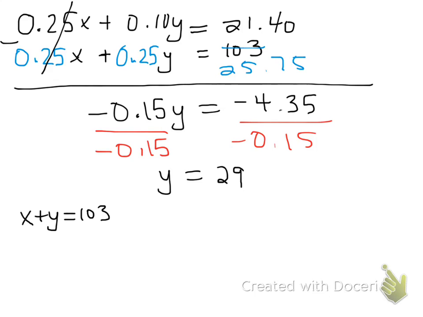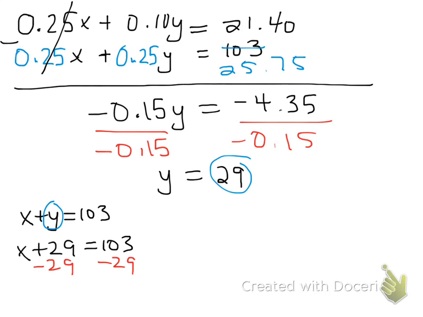So I can use my answer for y and sub it in right there. Namely, x plus 29 equals 103. So if I just subtract 29 on both sides, I'll solve for x. Here, x is equal to 103 subtract 29, and that's 74.